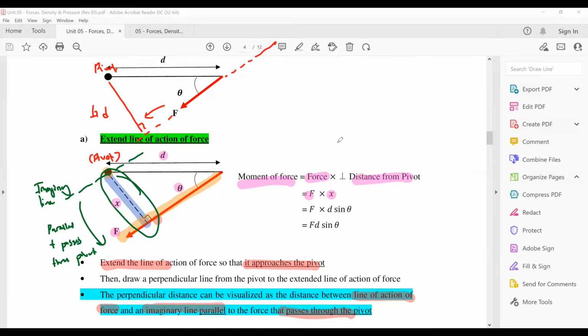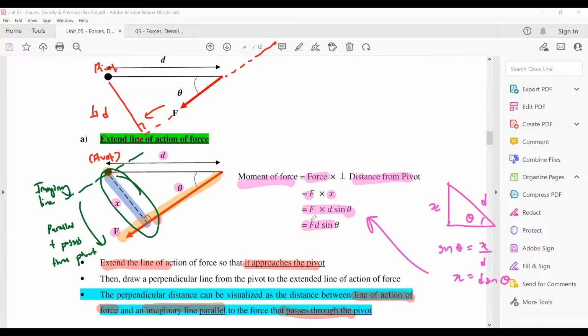If you recall your trigonometry, if this is X, this is d, and this is theta, sine theta is X over d. So X is d sine theta. That's why you get this. So F is multiplied with d sine theta. Your resulting expression is F d sine theta.